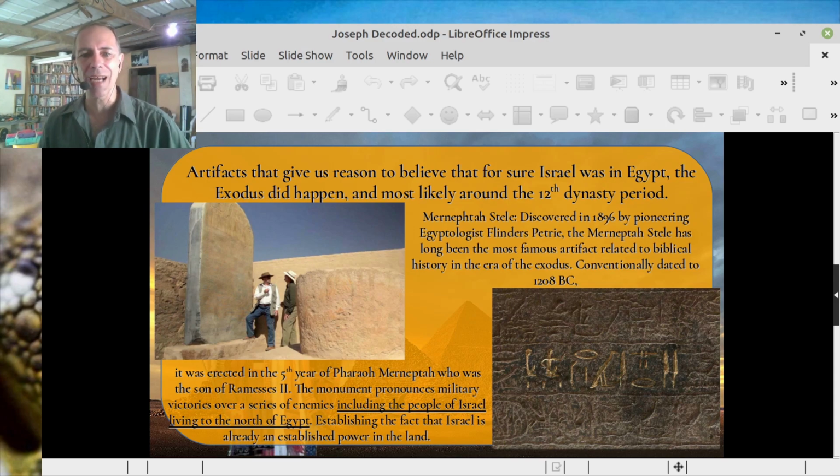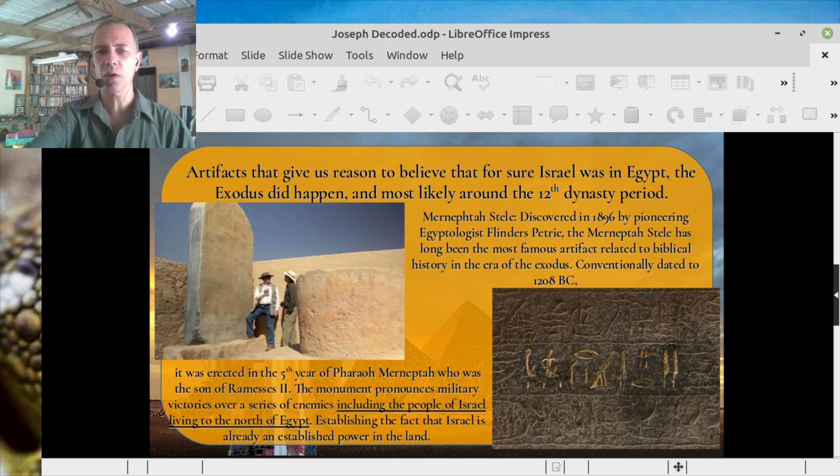The monument pronounces military victories over a series of enemies, including the people of Israel, living to the north of Egypt, establishing the fact that Israel is already an established power in the land. So on this stela, you have this very small excerpt, which is the picture on the right-hand side of the slide.